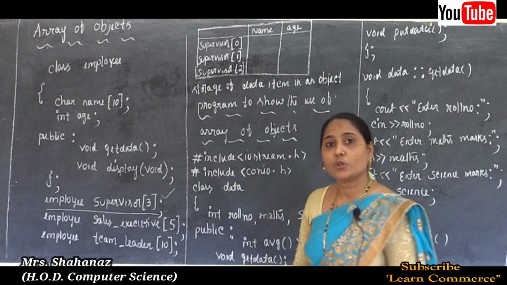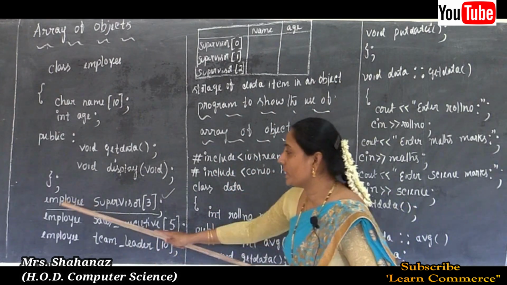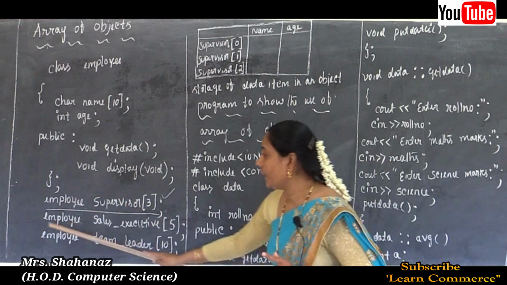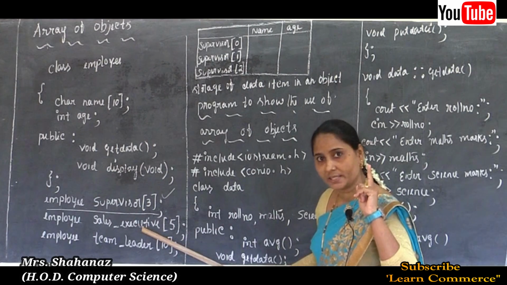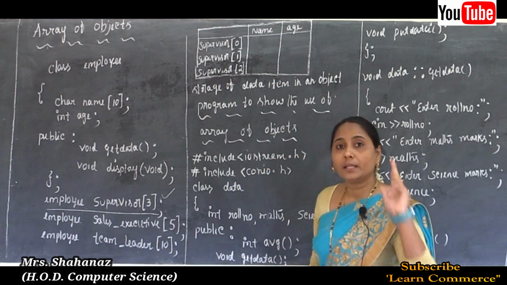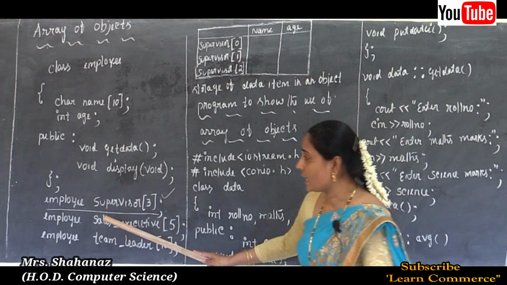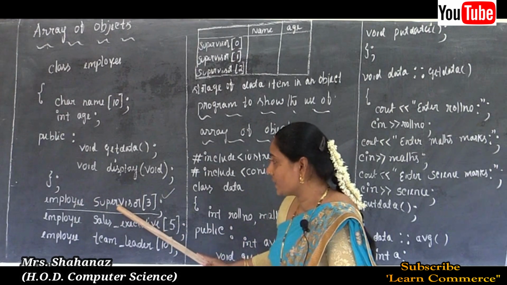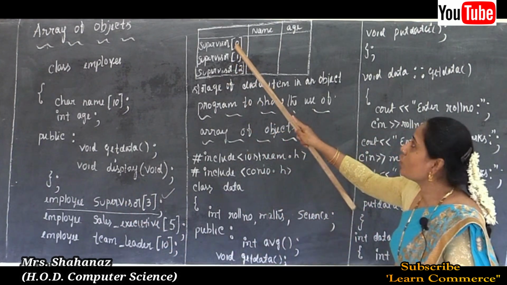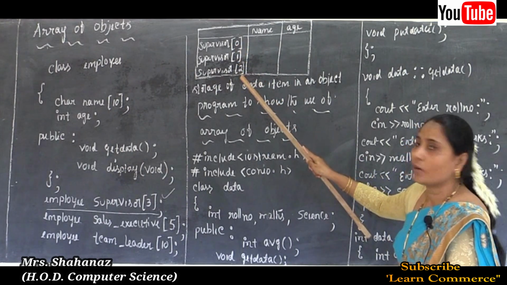Now this line is the example for the array of objects. Here I declared 3 arrays of objects: one is employee supervisor of 3, the second is employee sales executive, and the third is employee team underscore leader. Clear this point here? In this example, the array supervisor contains 3 objects: supervisor of 0, supervisor of 1, supervisor of 2.